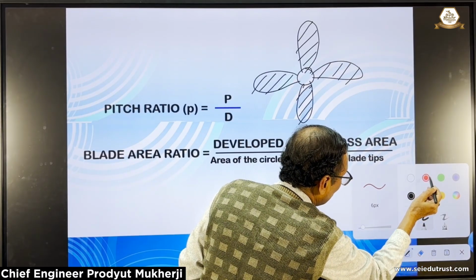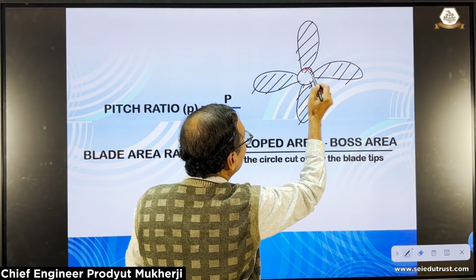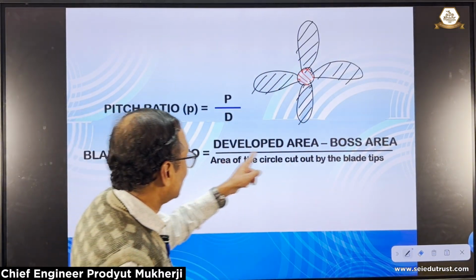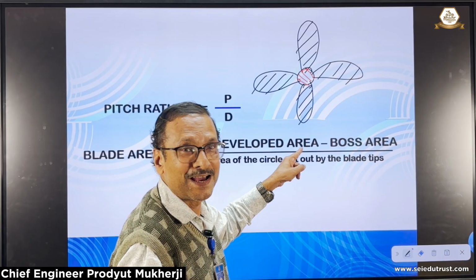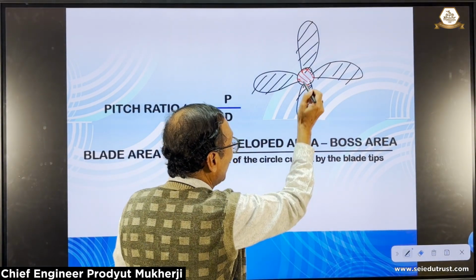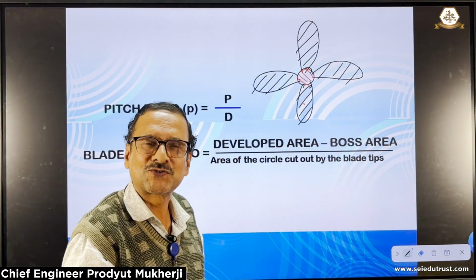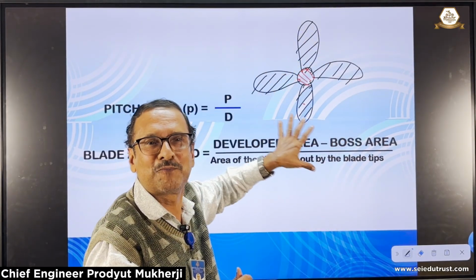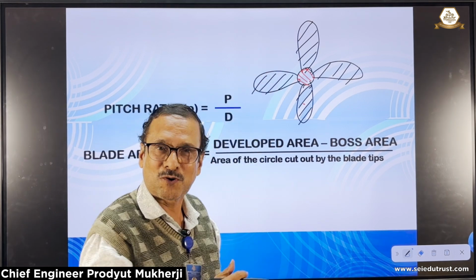I have just shaded out the blade area, and the red one is the area of the boss. This developed area includes the blade area plus the boss area. That is the total projected area of the propeller with the blade and the boss.